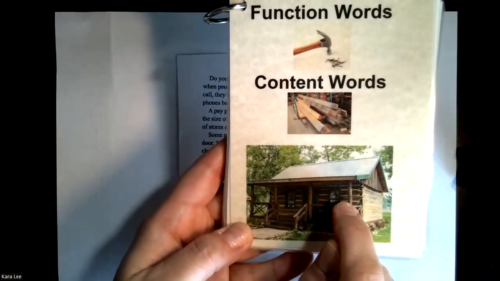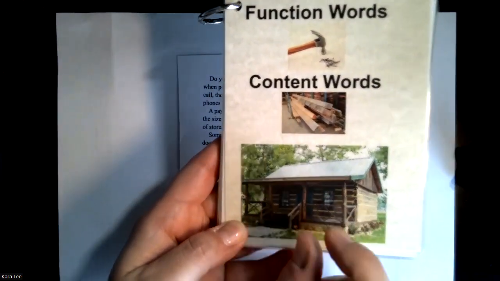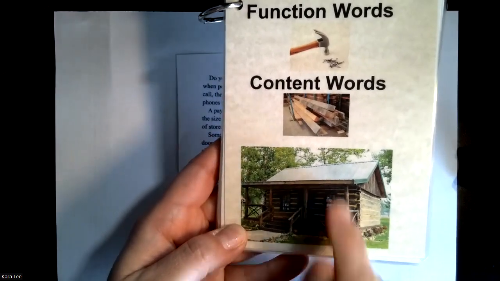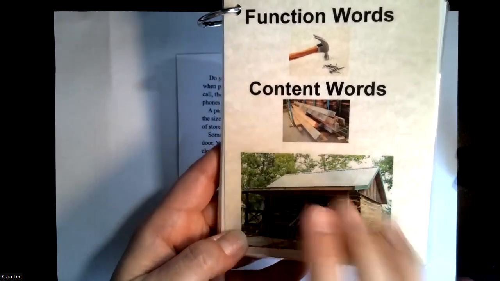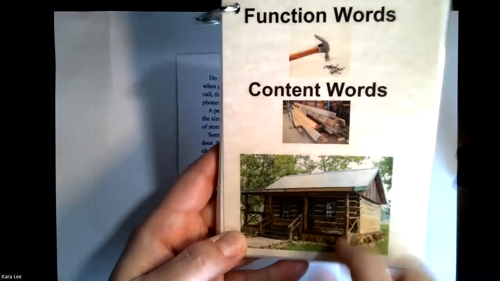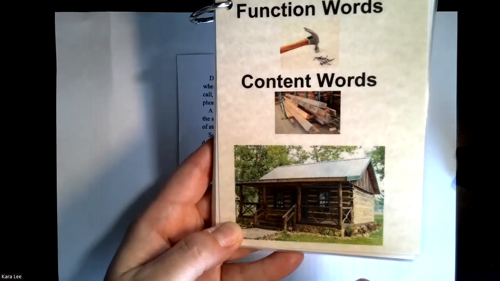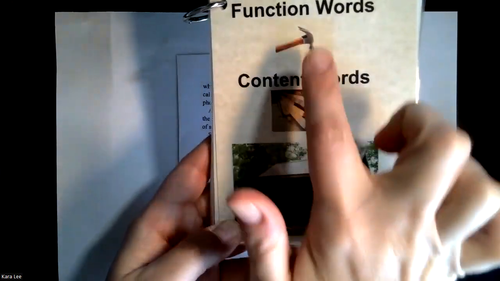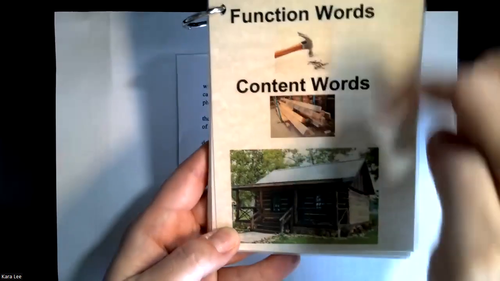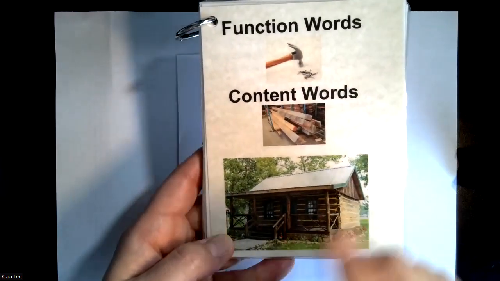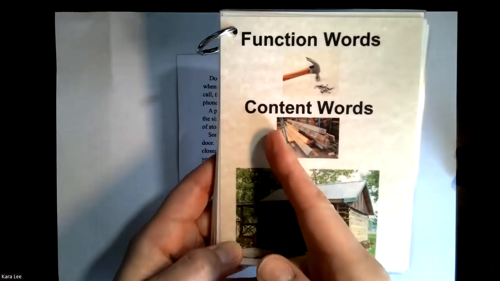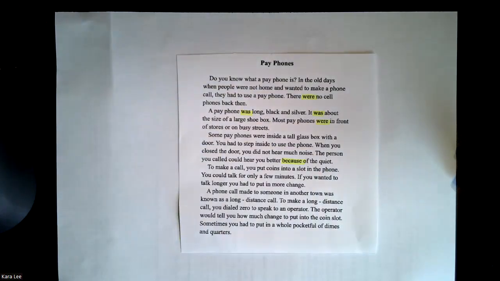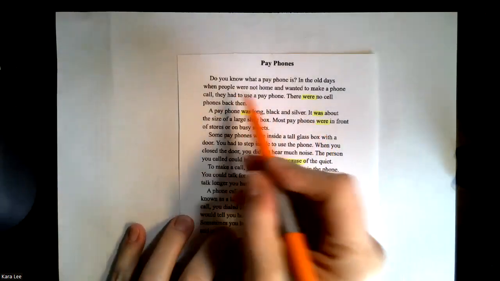They are there, but they're smaller, harder to see, and they actually are keeping the whole house together. We have to have them, but we don't really see them. So function words or content words, which one is included in a phrase? Well, they're both included in phrases, but each phrase has one content word, usually. So that can help us as we talk about how to find a phrase.